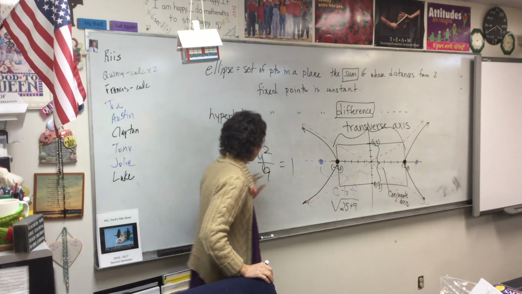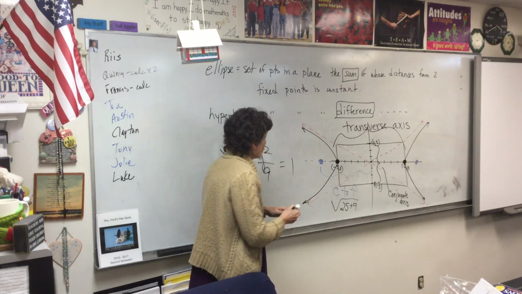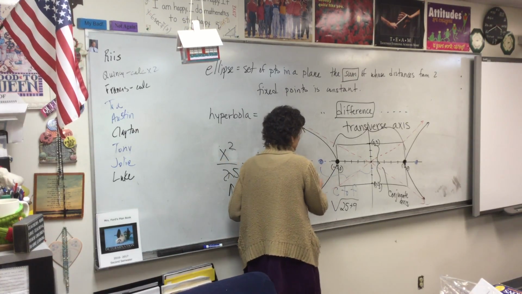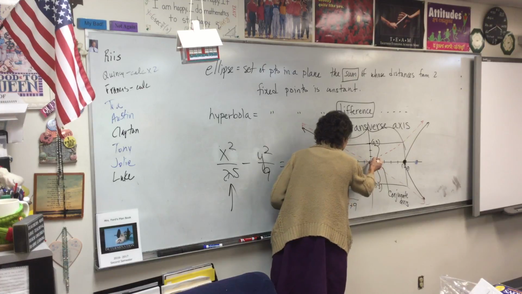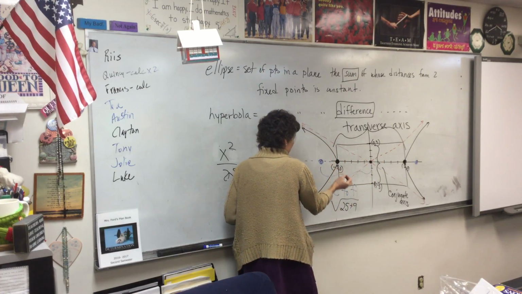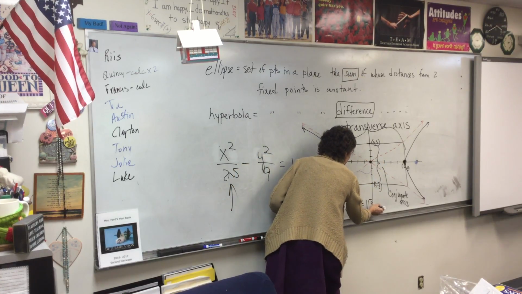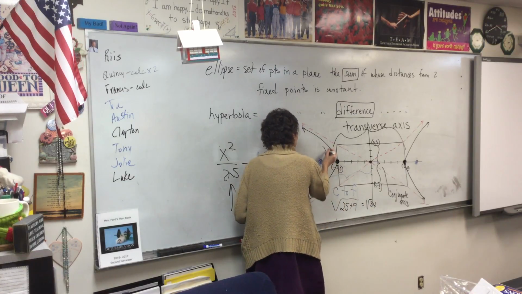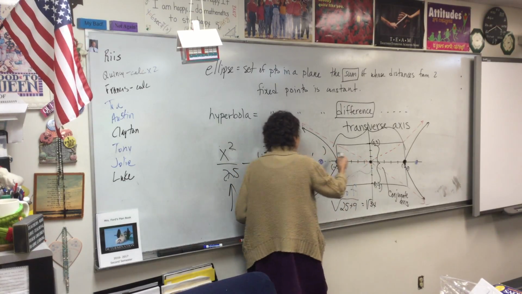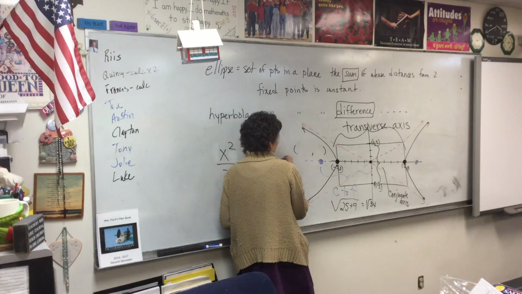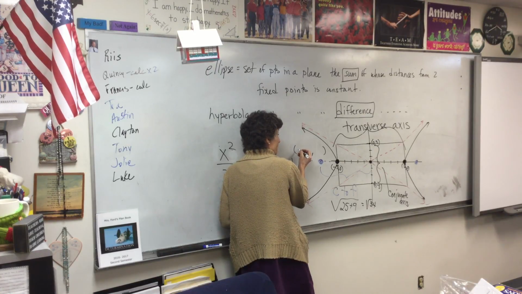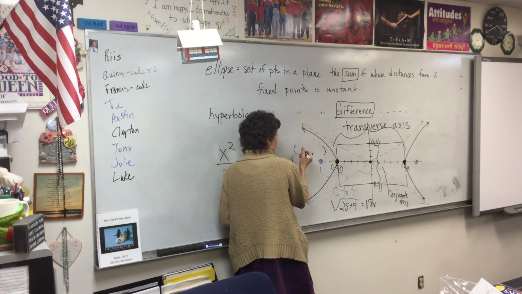So you got to add these 2 numbers, which means these foci start at the center and back up root 34. So what are the coordinates of this focus? I am backing up root 34 from the origin.